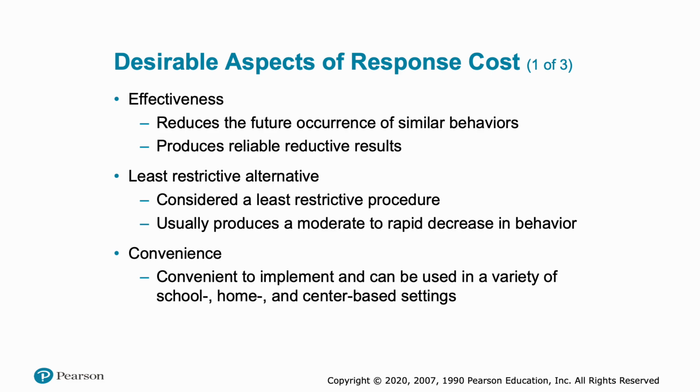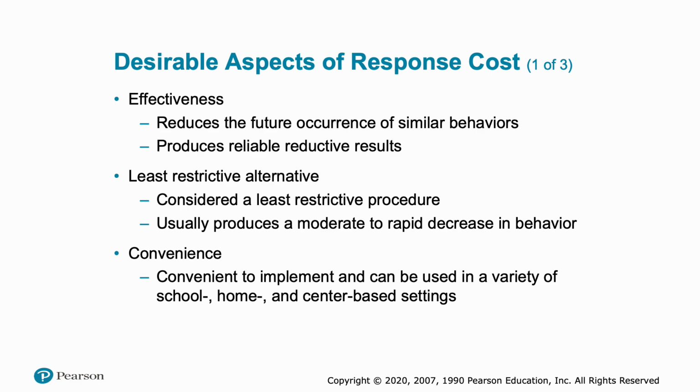This procedure can be really good for individuals that engage in non-compliance or task refusal type behaviors, or individuals that engage in combative type behaviors. We'll talk about how you can implement these procedures, but let's get into discussing the different types of response cost procedures first.